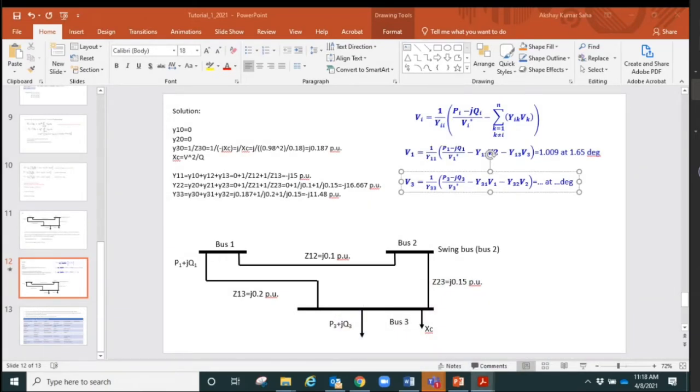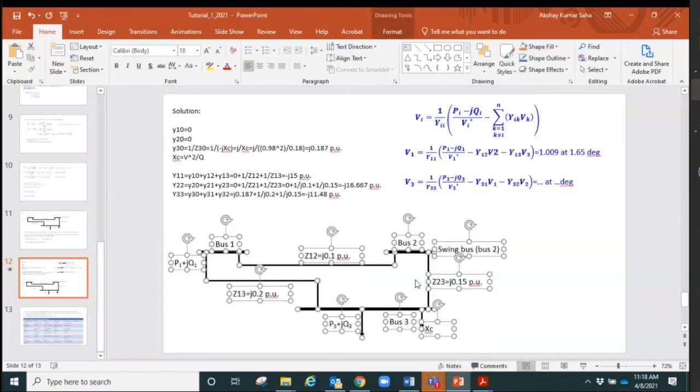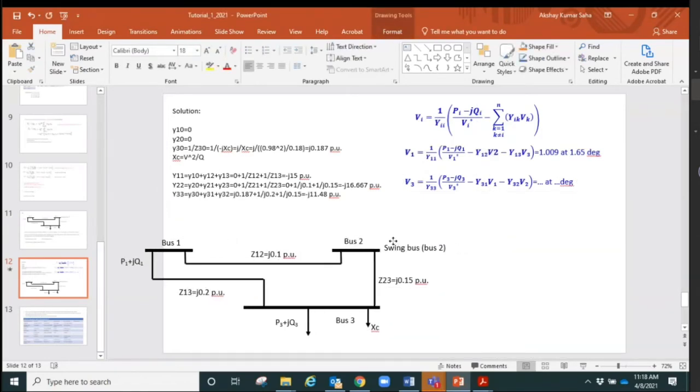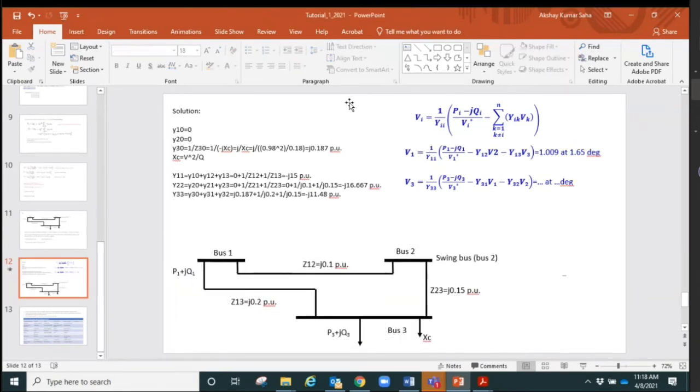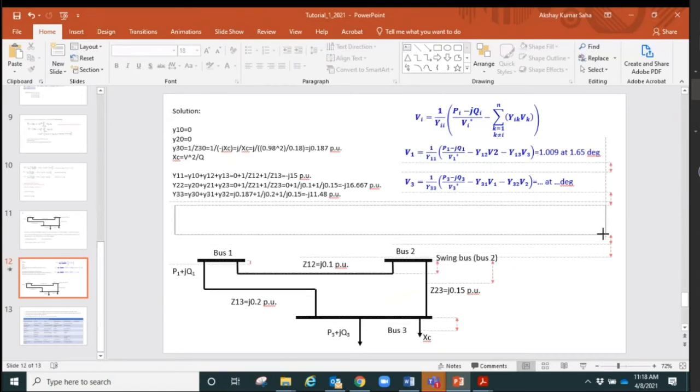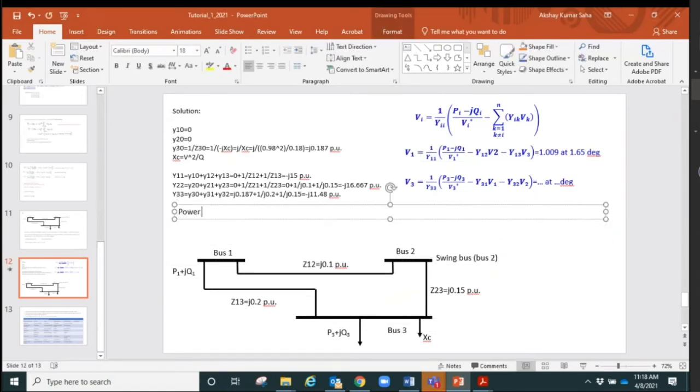Next step is to calculate the power at the swing bus, which is bus number 2.